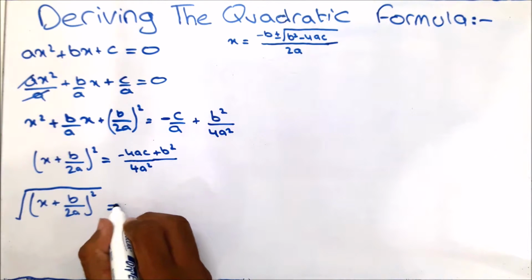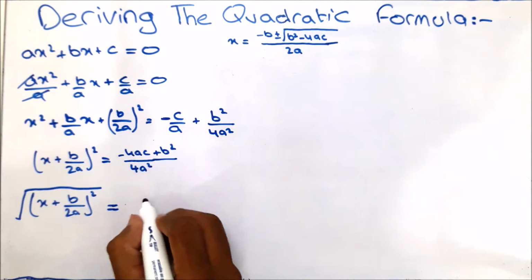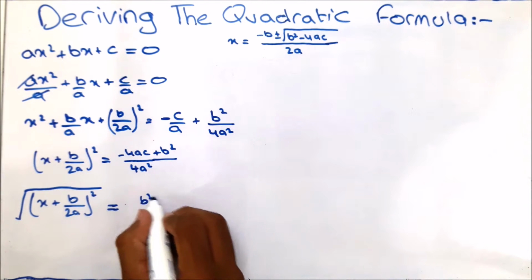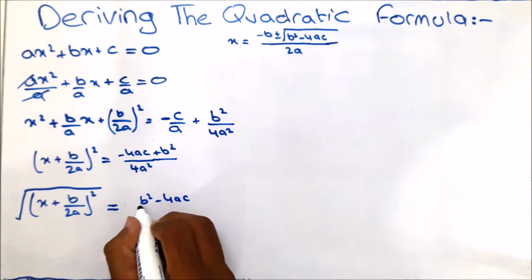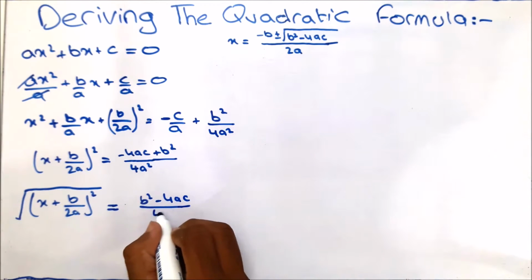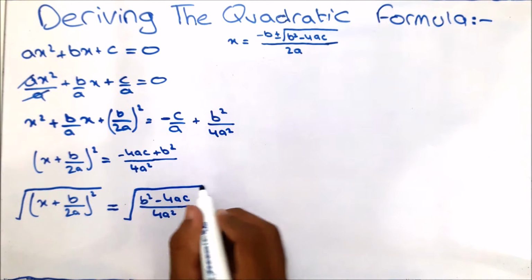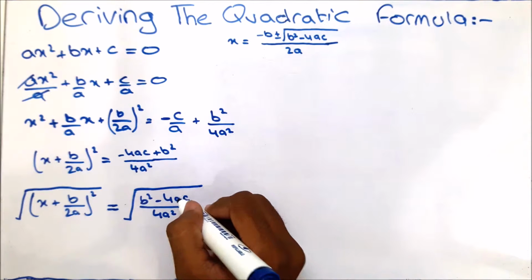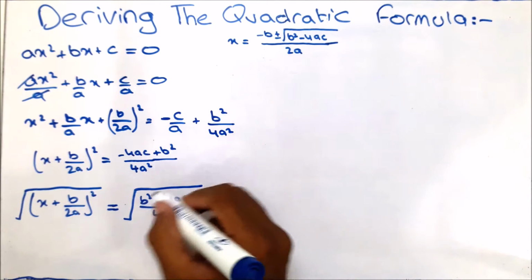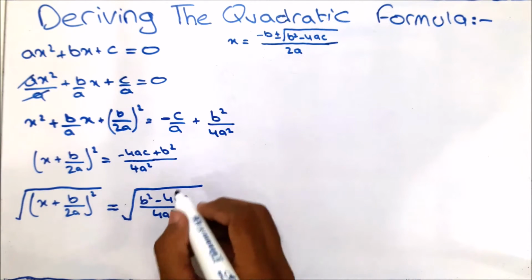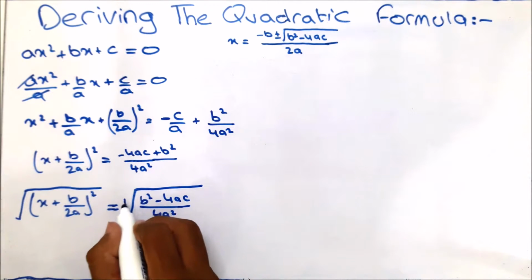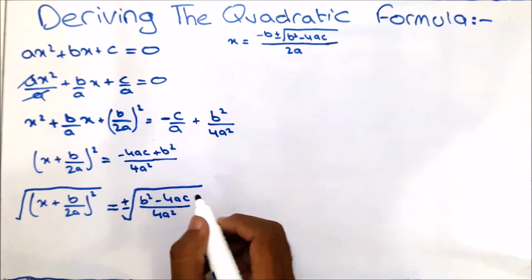And we do the same over here, but this time I'll just write it like b squared minus 4ac divided by 4a squared and take the square root. You can see we have all the b, a and c and 4. These all are constants. So whenever we take the square root on a constant in an equation, we write plus and minus sign.